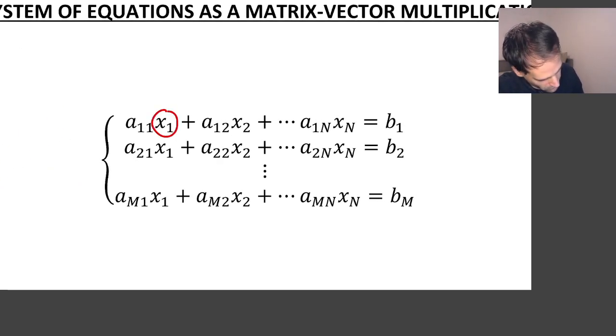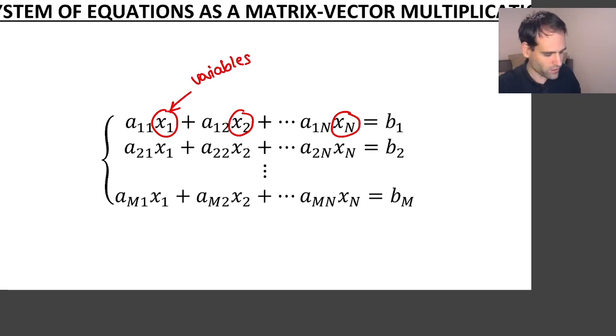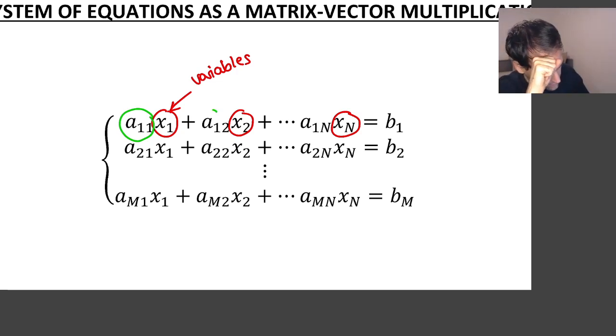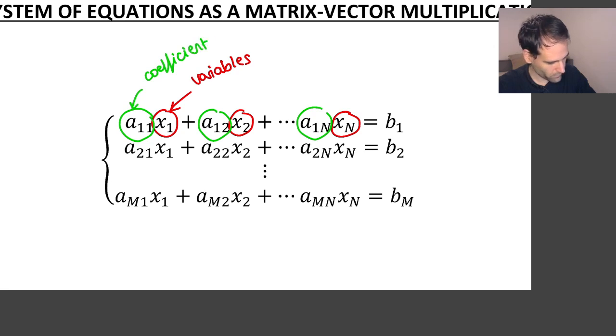So you have your variables, which are the unknowns, and each of the variables is multiplied by a certain scalar, which is just a number, a real number or maybe a complex number. So each of the variables is multiplied by a certain coefficient, and these are called the coefficients. Now these equations might involve a coefficient which doesn't multiply any of the variables.